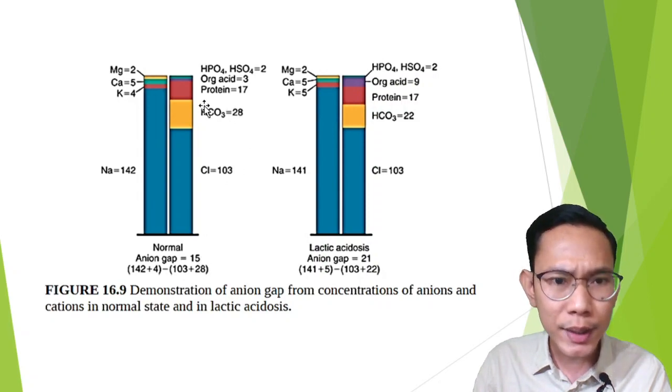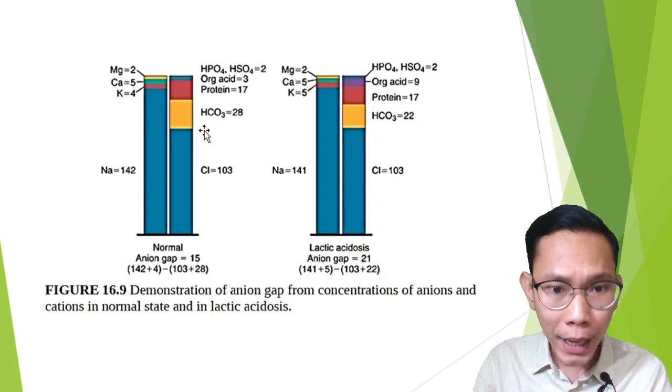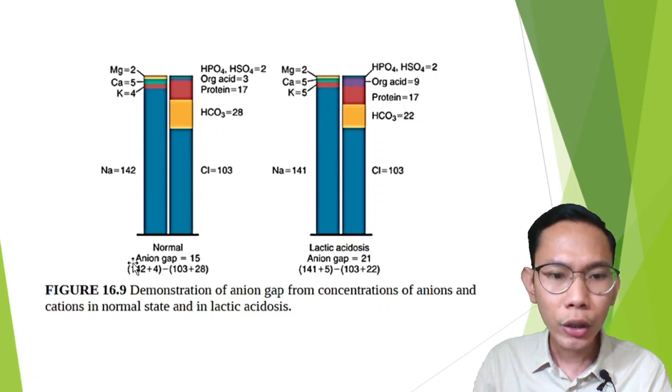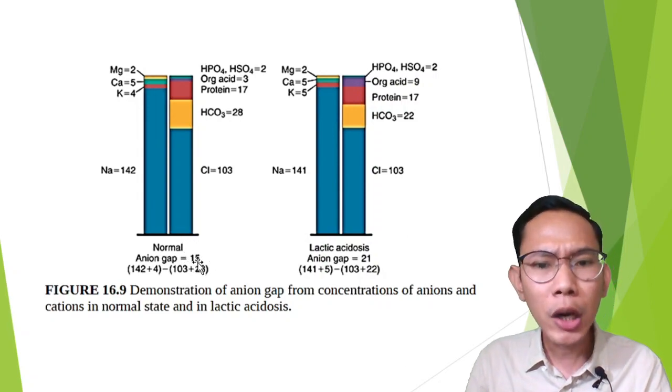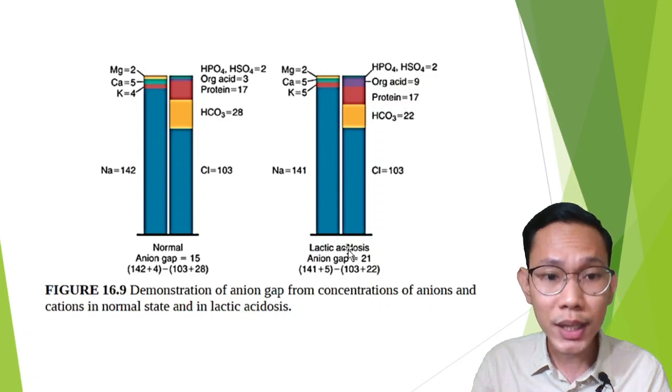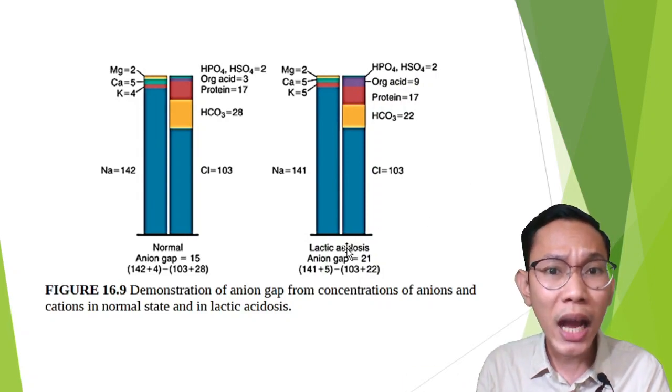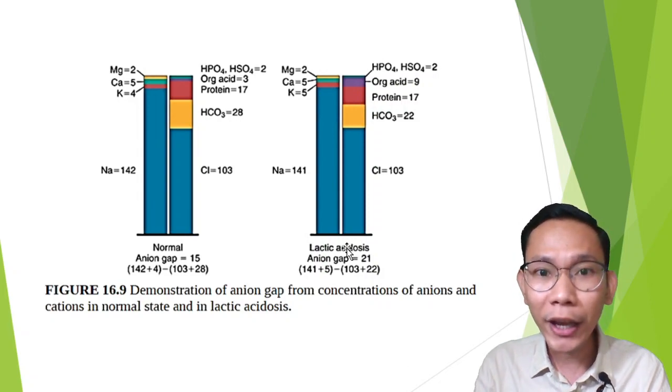Your 28 here is your bicarbonate. So, chloride plus bicarbonate, 103 plus 28. You add, then you subtract, then you get the value of 15. How about if nagkakaroon tayo ng lactic acidosis? So, ano nga nangyayari pag nagkakaroon ng lactic acidosis, nagkakaroon ng derangement ng ating environment sa ating cell.